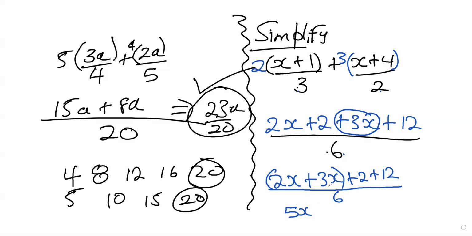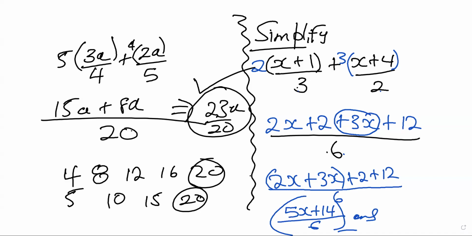Remember the first time we said that only like terms we can add, and then 2 plus 12 will give us 14. So it will be 5x plus 14 over 6. If you notice, we keep our denominator.